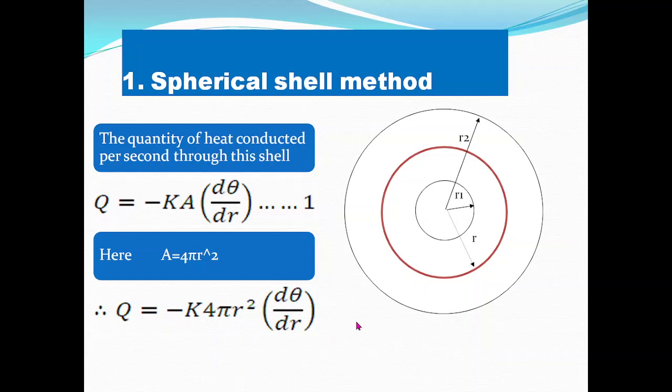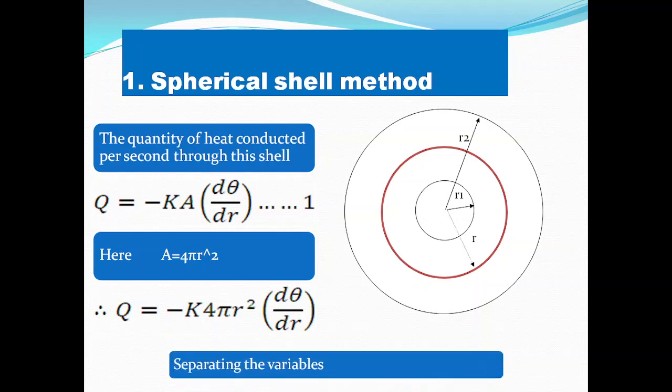Now if we separate the variables, then we can obtain the total amount of heat conducted along the radius of the sphere. By separating the variables in the above equation, we get dr by r square equal to minus 4 pi K upon Q into d theta.